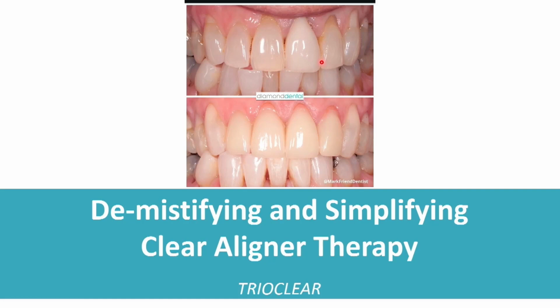It's extremely hard to get that right, and they were almost certainly blocked out of delivering anything else on the right hand side by that crossbite. And so clear aligner therapy allows us to move in on that crossbite, correct it, and then we can restore. We'll talk about this case in a bit more detail at the end anyway. But that's the topic of the webinar this evening, demystifying and simplifying clear aligner therapy.